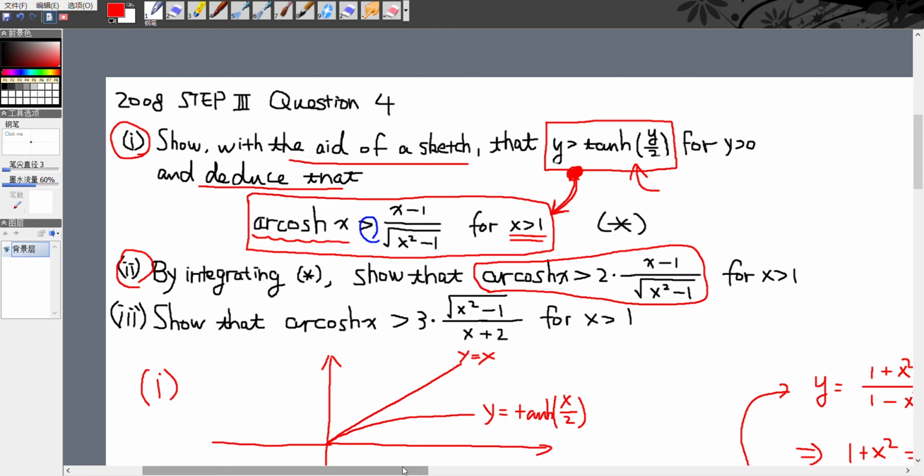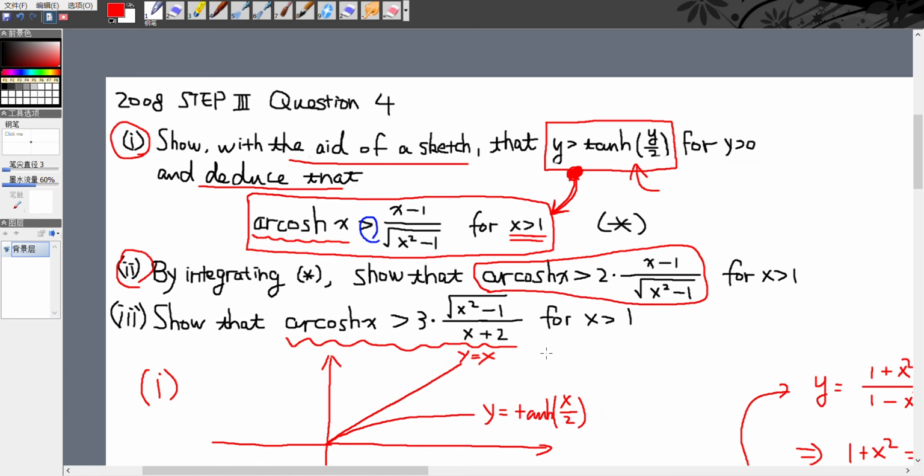And for the third question, show that arc cos x is bigger than 3 times x squared minus 1 over x plus 2. So as I said, this inequality seems very messy and came from nowhere, and you don't know how to approach this.